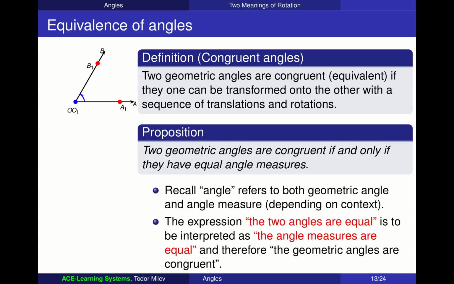Or you have to interpret their words as if they said, I could take one of the angles and move it on top of the other angle with a series of translations and rotations. Or in other words, the two geometric angles are congruent. So when you hear people talk of equal angles, they either mean congruent geometric angles or equal angle measures of two geometric angles.